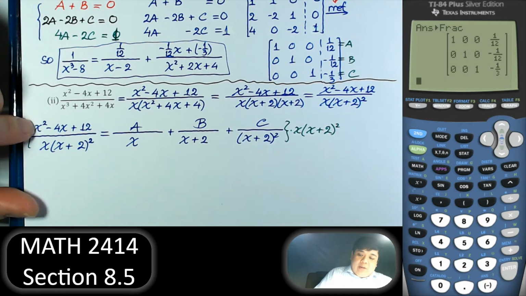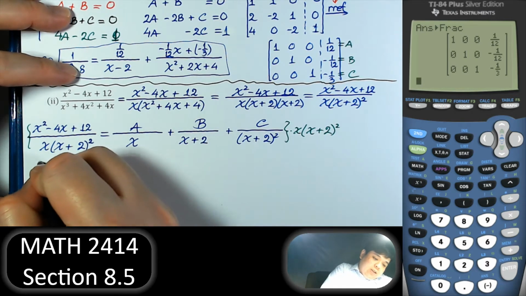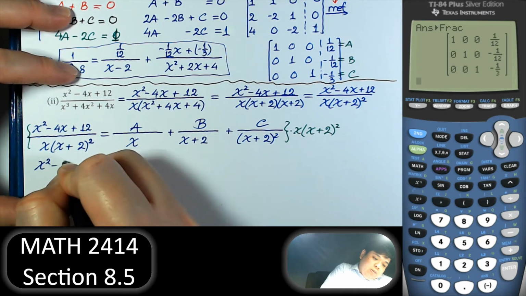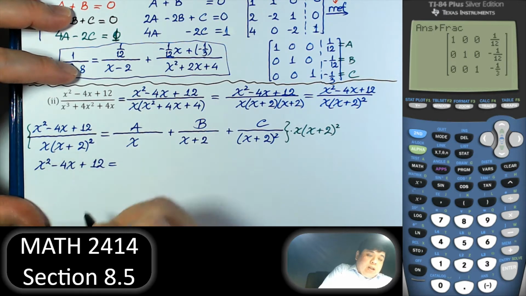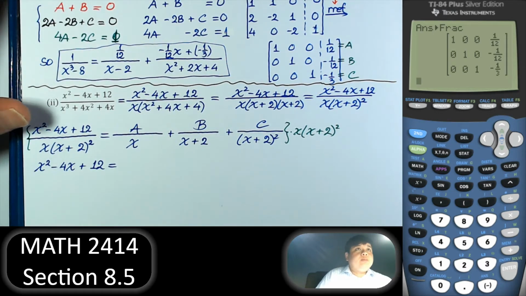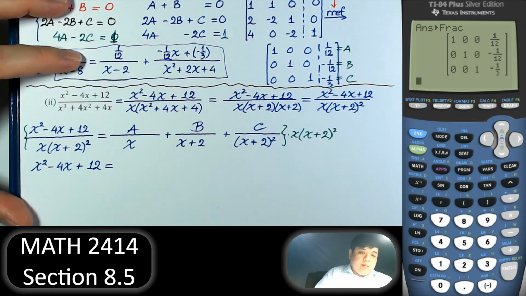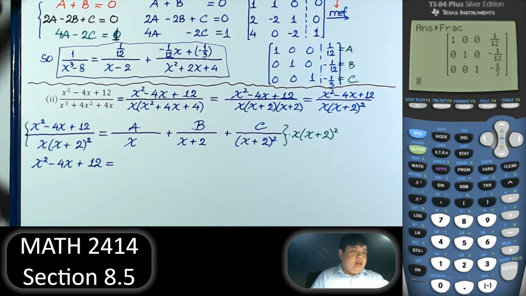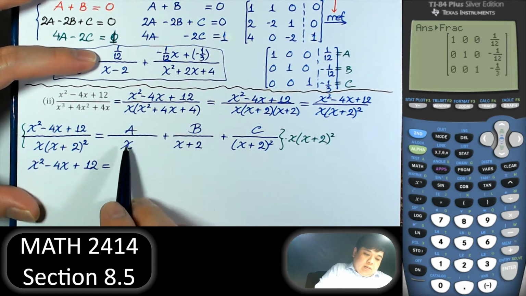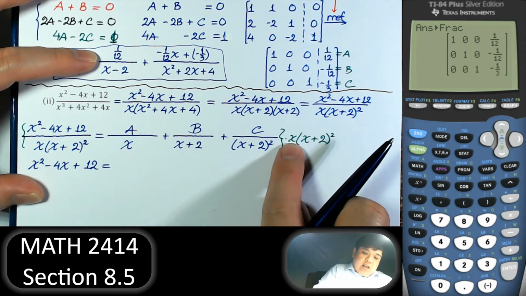Multiply that, we have x squared minus 4x plus 12 equal to... When we multiply this, the x cancel out.